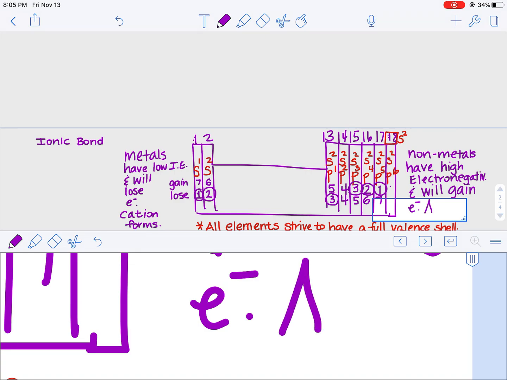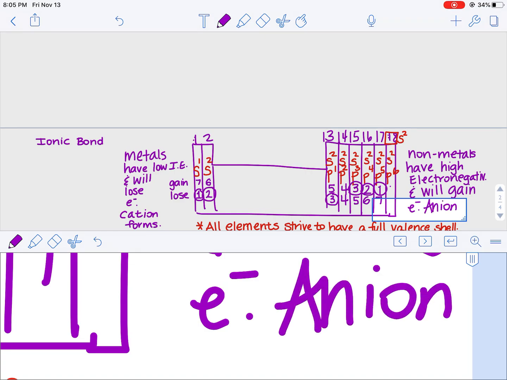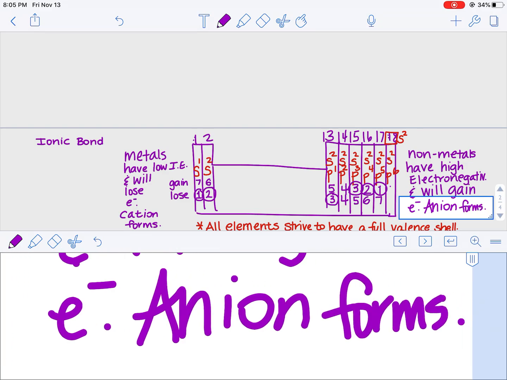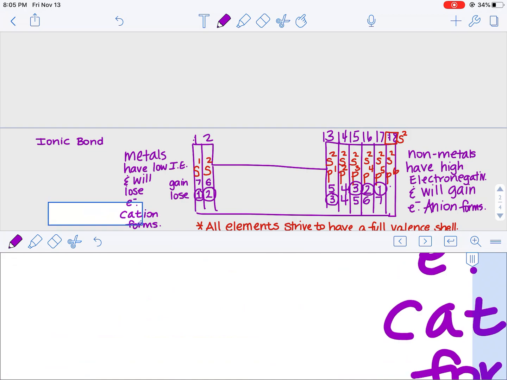And whenever an atom gains an electron, an anion forms. These positively charged cations and the negatively charged anions are going to wind up attracting each other.